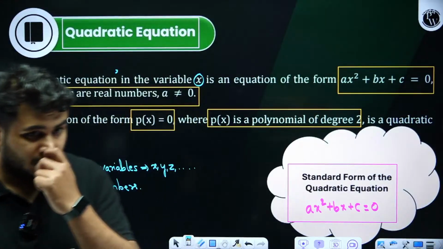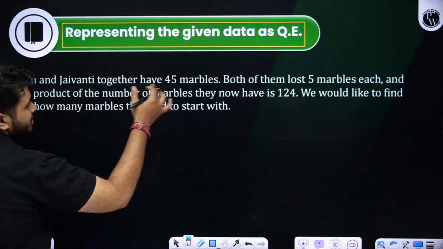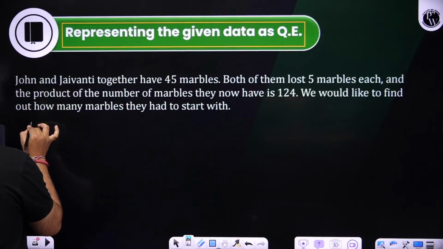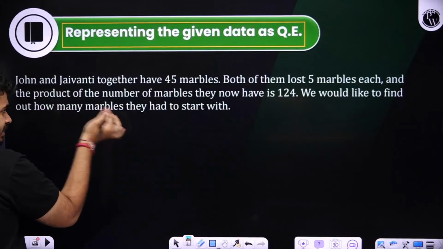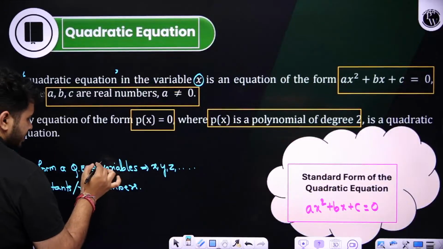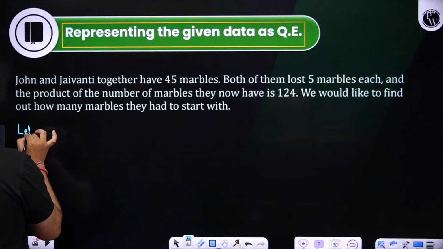Now let us come to this. They are telling that John and Jayavati together have 45 marbles. Since we need to form a quadratic equation, we will start by taking the variable.